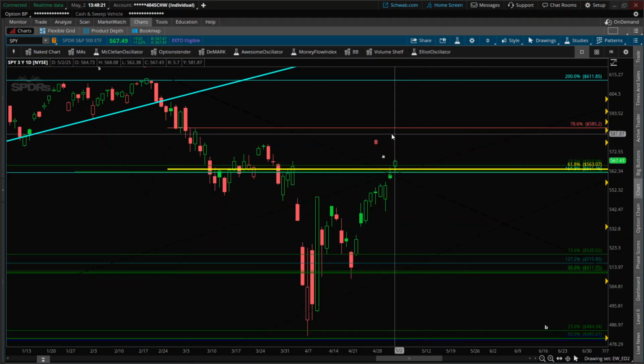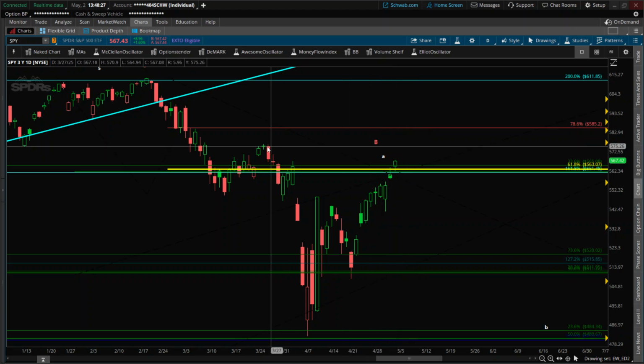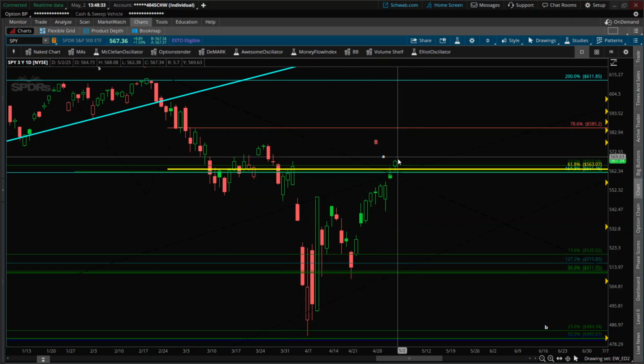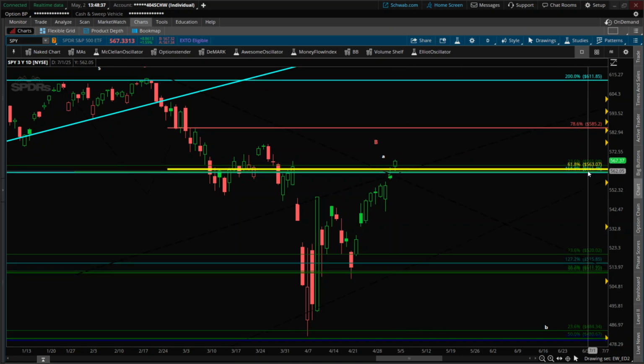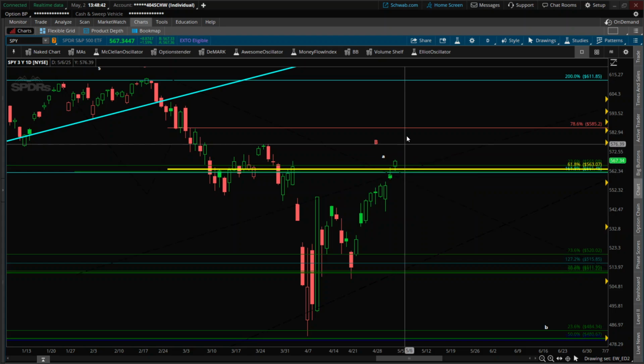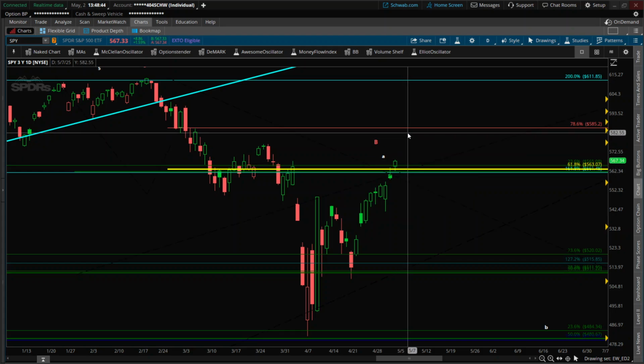I know it's such a large area here, but we have the 200 in between and then a 20-week simple moving average just in between there, and also a candle breakdown high here. So I don't suspect that we'll get up to this 585, but we have to use the verbiage. You stay on top of 563, you hold 563, you can't argue anything else. That's the next target higher.